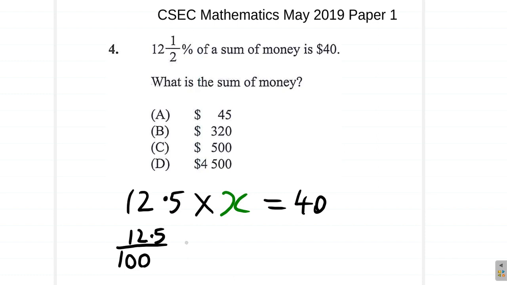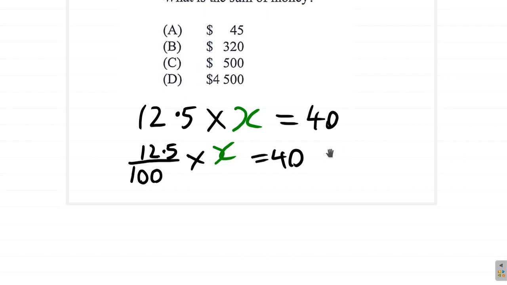Now, here, of X is equal to 40. You see, that's 40. Now, let's see, what do you do here? 12.5%. When you divide a number by 100.